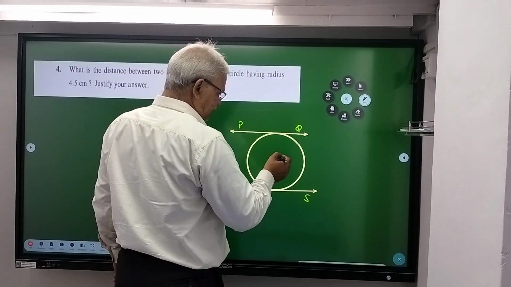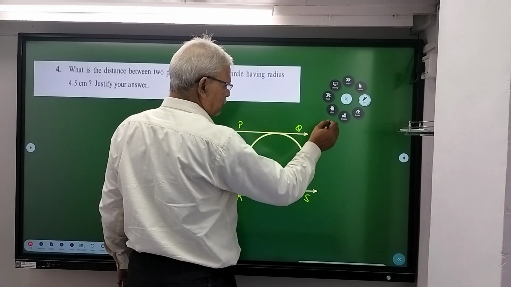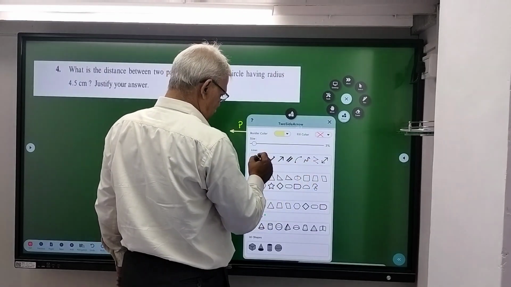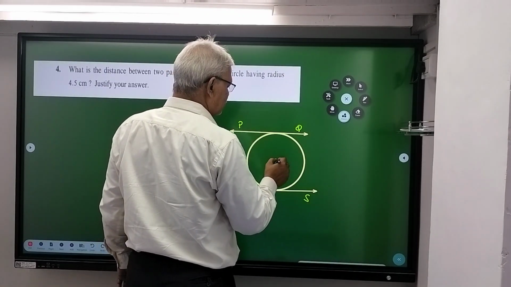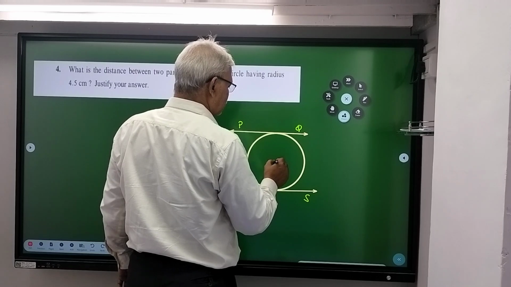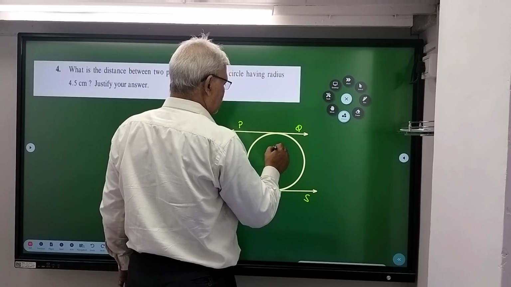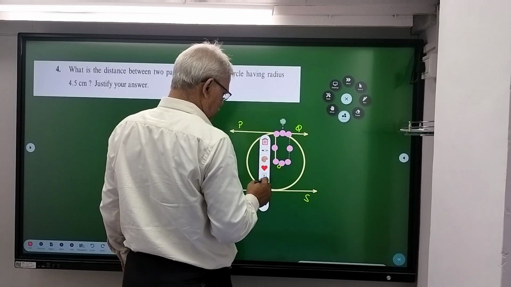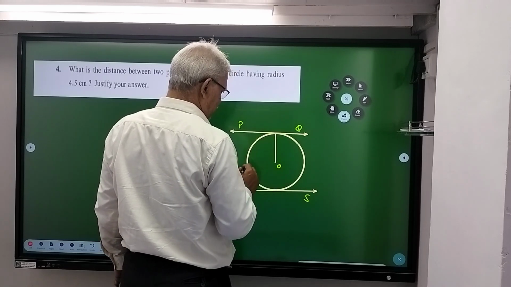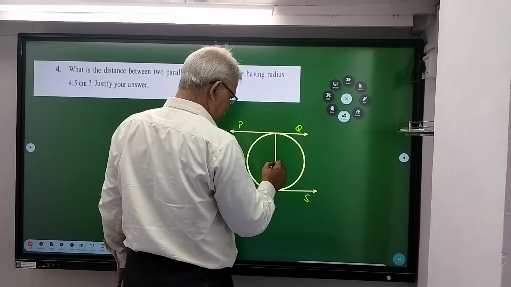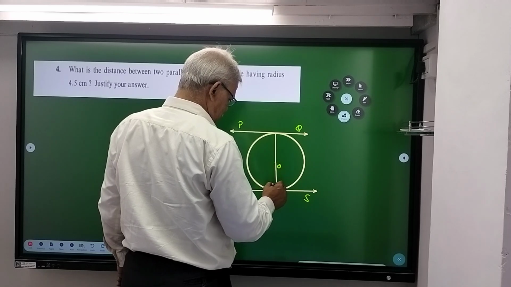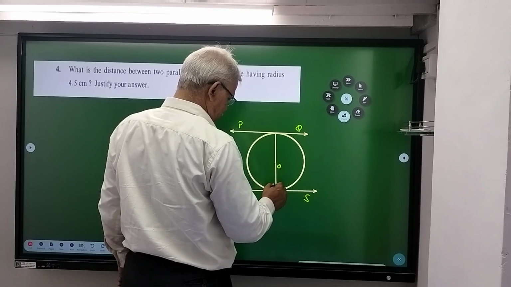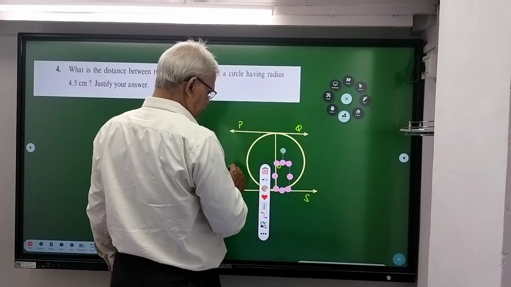They are tangent, therefore the radius is perpendicular to the tangent.